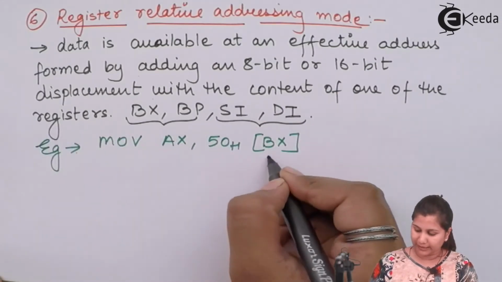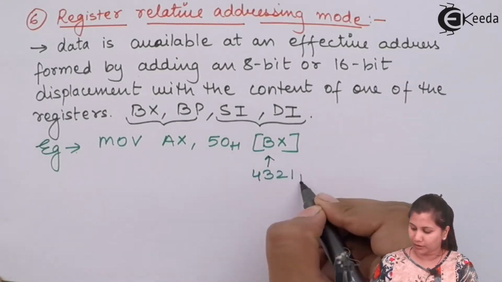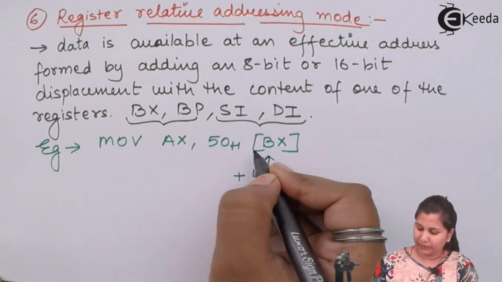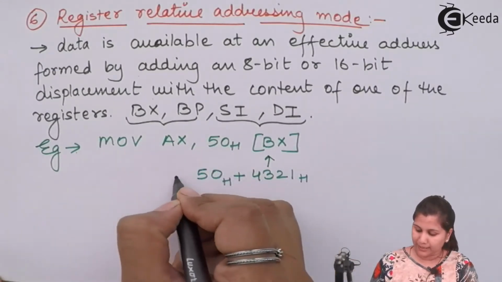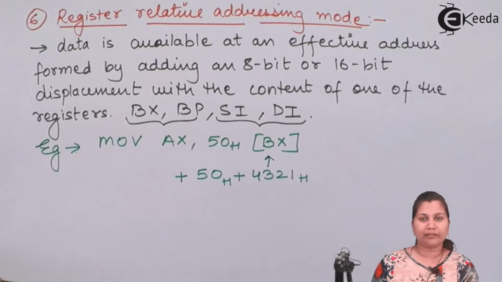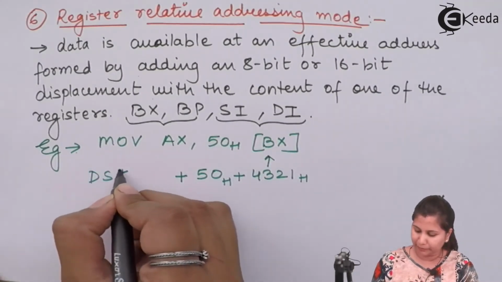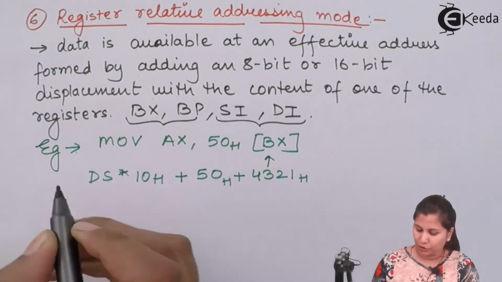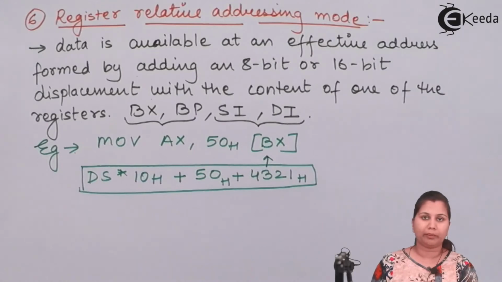Suppose this BX has 4321H. It will be added with this displacement 50H plus the data segment address, so data segment multiplied with 10H. This complete expression forms the address of the memory location where the data is stored.